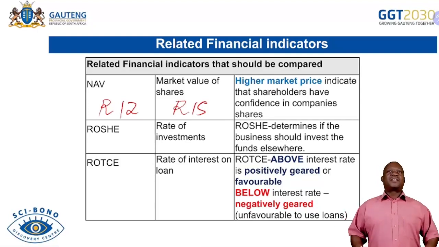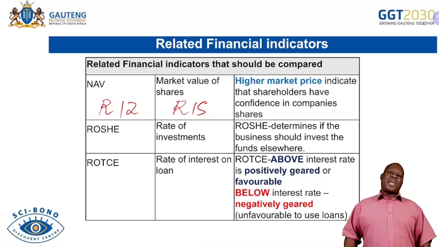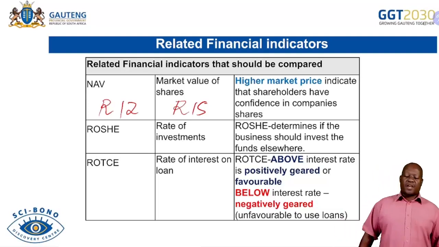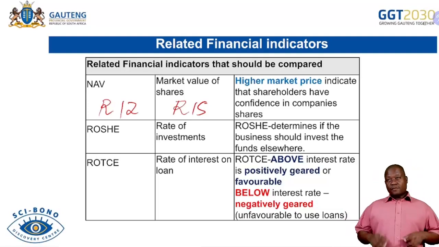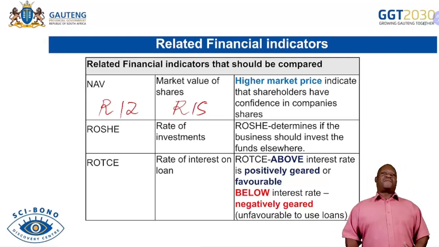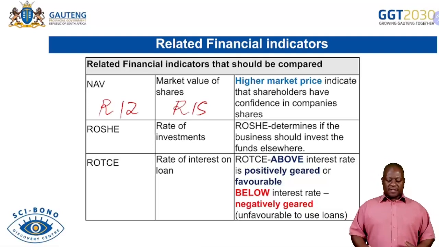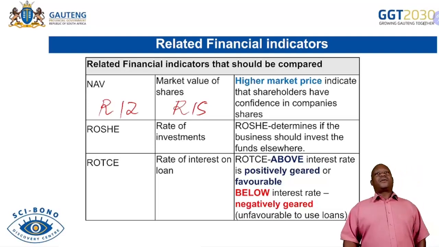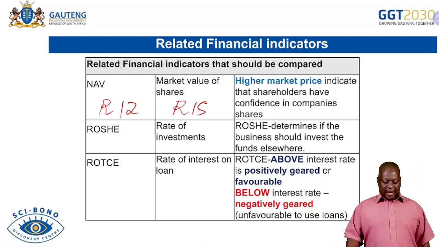And because of that, they are not even paying a price similar to the value of the shares. Very important. I think we are going to have an activity which is going to help us to look into this and see how definitely they are going to relate.